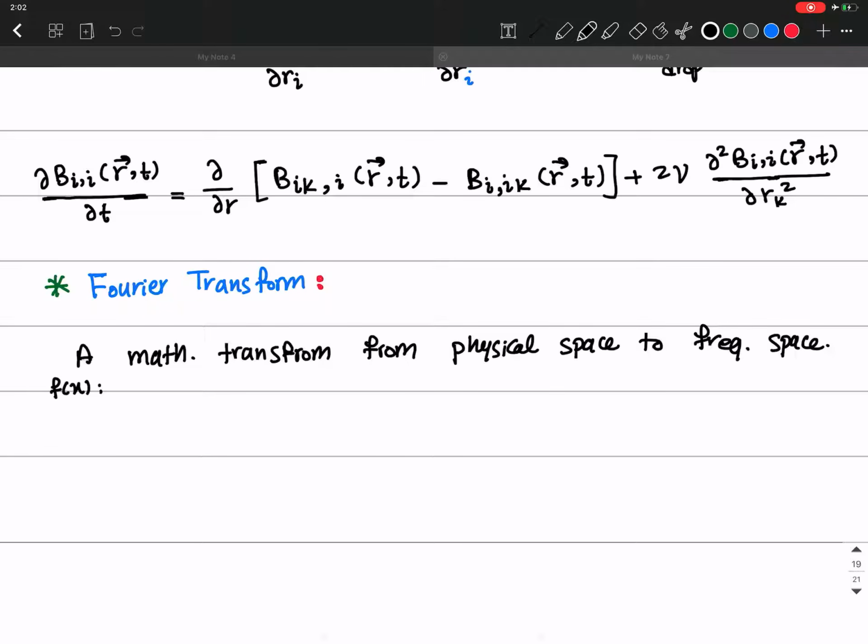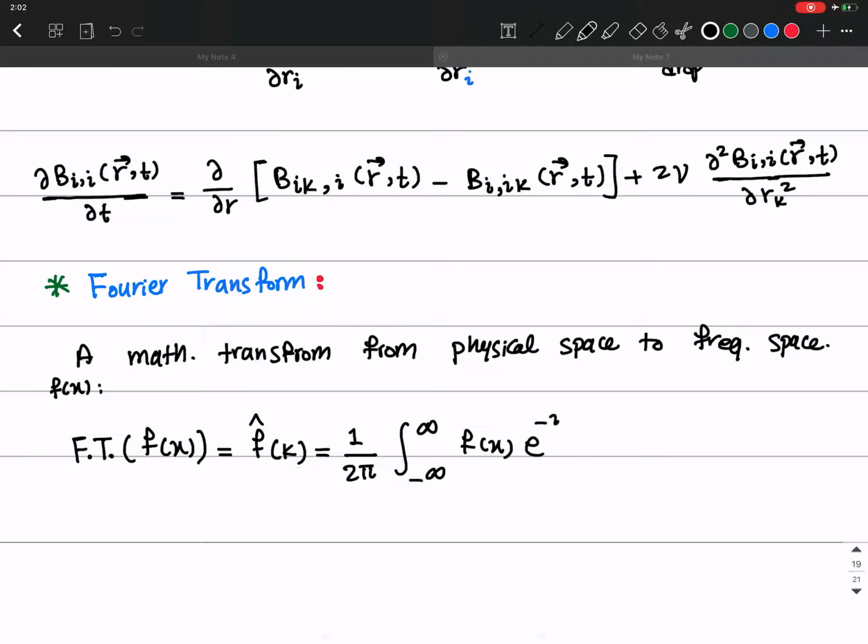For this function, we show the Fourier transform with FT, Fourier transform of f(x) from the physical space, and then we show it with f hat of k, and this equals, this is the definition, 1 over 2 pi, the integral from minus infinity to infinity of f(x) e to the minus i k x dx.